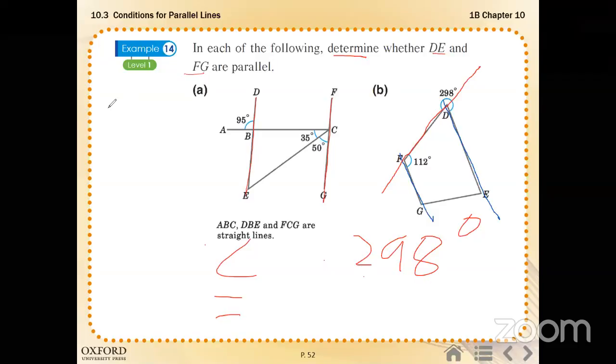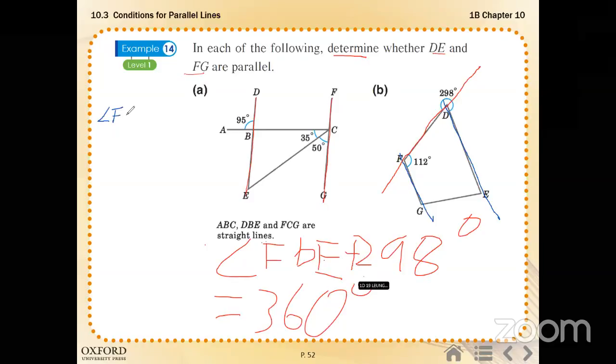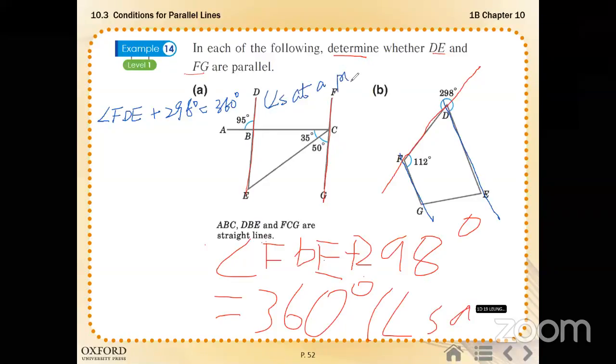Therefore, we usually start with writing in this way. You need to tell people that angle FDE, do it in this way, 298 degrees, and then equal 360 degrees. And then the reasons: because they are angles at a point.